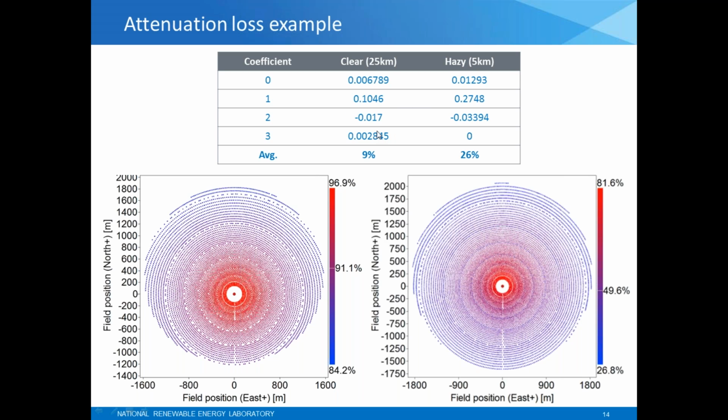So if we replace that clear sky model or that clear visibility model with the hazy visibility model, and this is also from that same study, you can see that there's really a tremendous difference in the optical loss between these two systems.